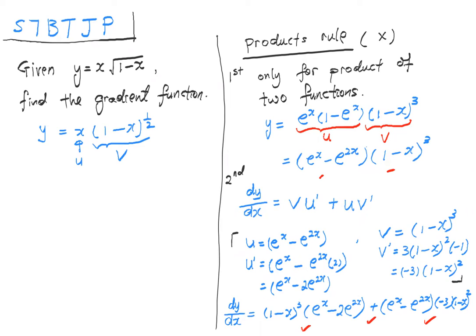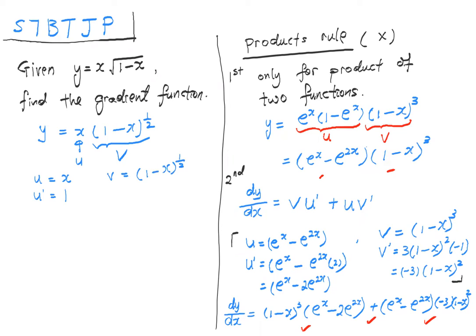Okay, so I'm going to do it step by step for you to see. Okay, so the u is equal to x. So the rate of change of x is equal to 1. Because u equal to x is a straight line, the gradient of this straight line is 1, correct? So my v is 1 minus x to the power half.